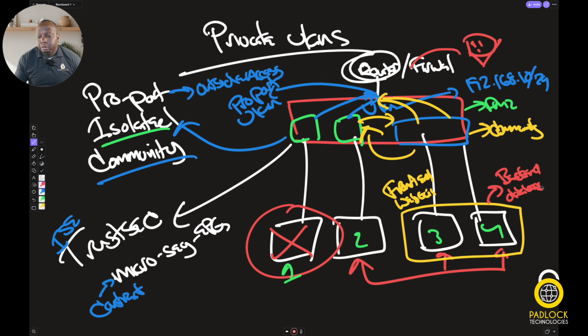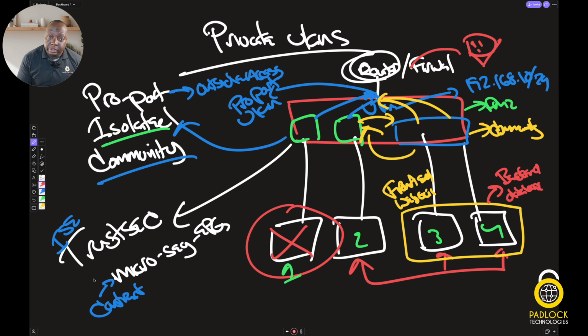Well, if you put these two in an isolated VLAN, this communication can no longer happen, thus breaking the application. So you have to be very cautious about what you want to do, right? This is a design question that you have to ask yourself, because technically if workload number 3 gets compromised, you can technically compromise number 4 because those two can talk to each other. If you put them in an isolated VLAN though, they'll never talk to each other and you break the application.